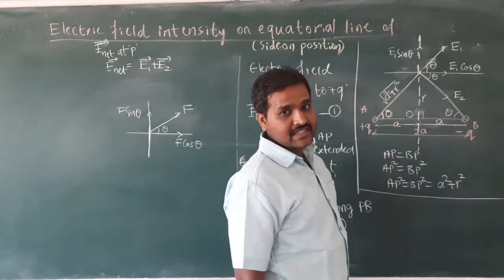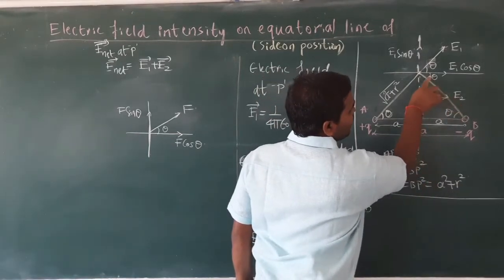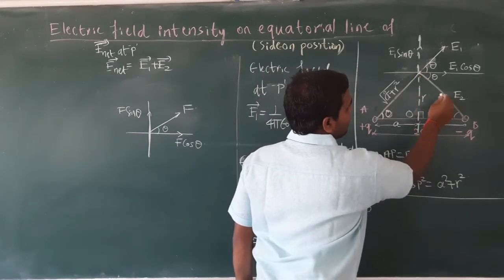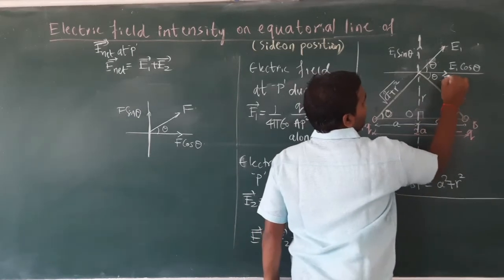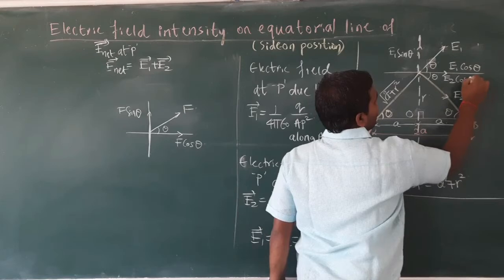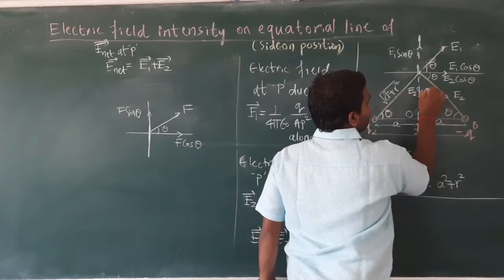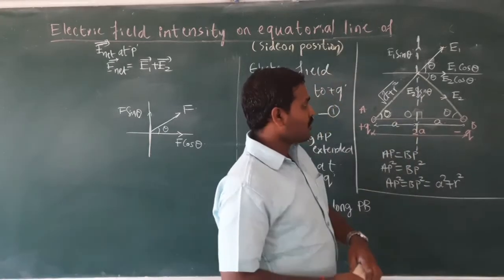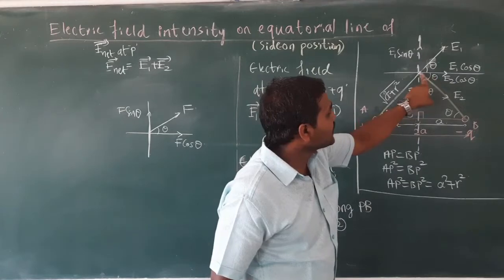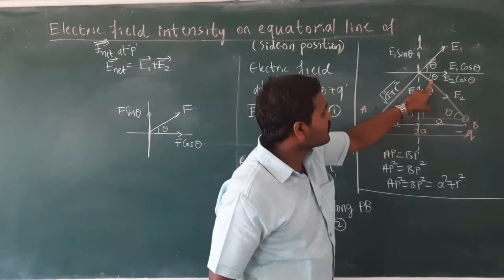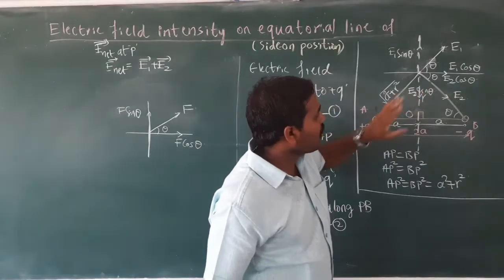Similarly, this E2 is also making an angle of theta with respect to the horizontal axis. So this can be resolved along the x axis as E2 cos theta and along the y axis as E2 sin theta.